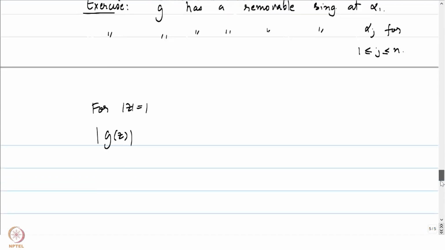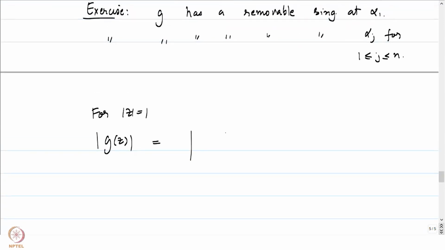Now let's again check what is the absolute value of g of z for z with mod z equal to 1. This is going to be equal to the absolute value of f of z by the absolute value of phi alpha 1 of z to the power d1 all the way up to phi alpha n of z to the power dn.